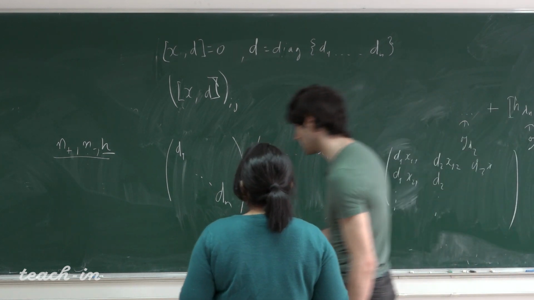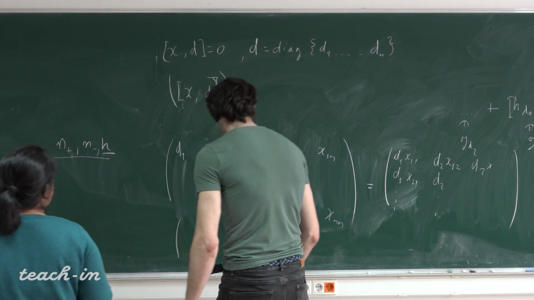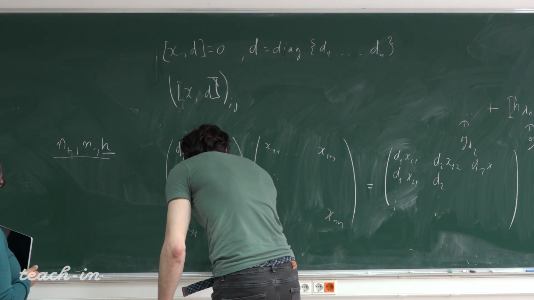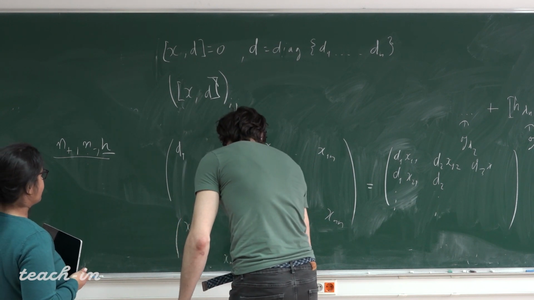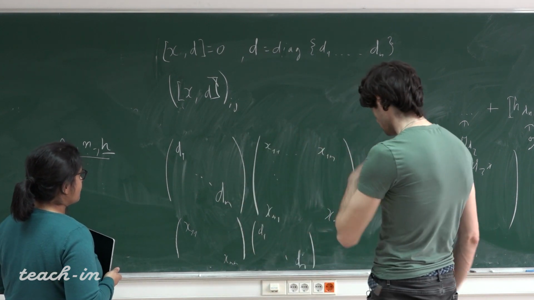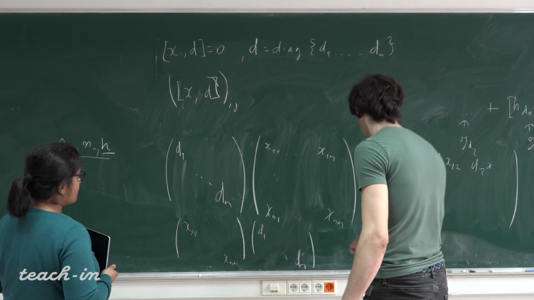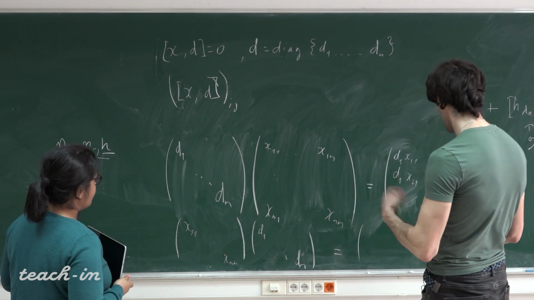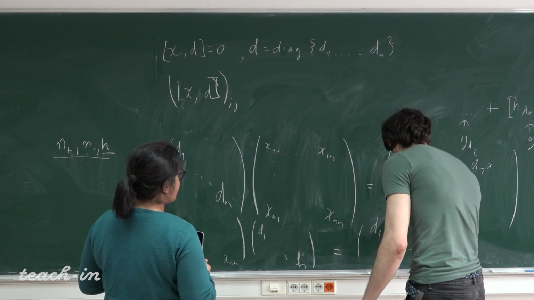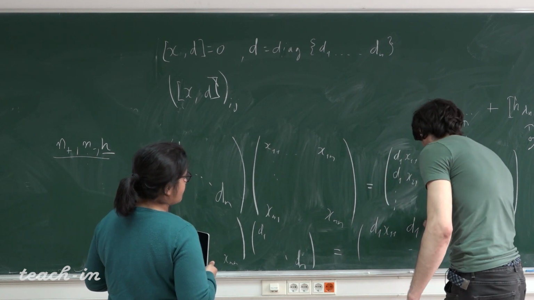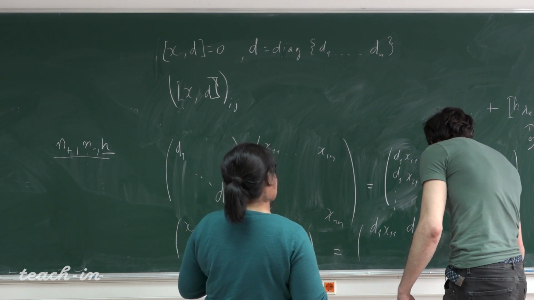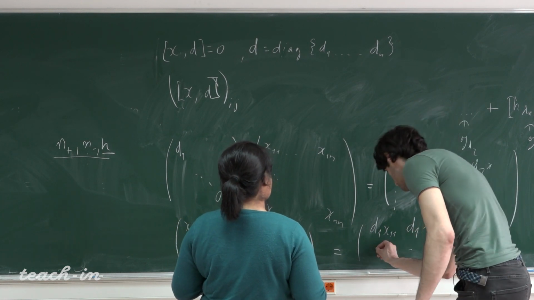If I take the other way around, with the x's multiplied by these, I will multiply columns. So I have d1 x11, d1 x12, d1 x13, and so on, and then d2.